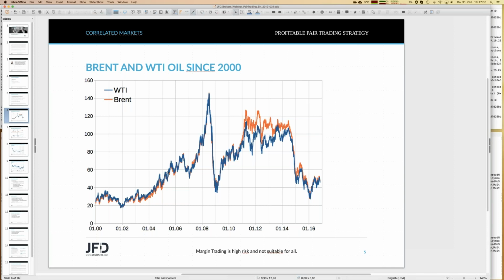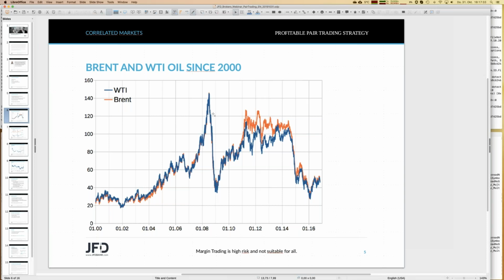Therefore it's never possible that only one gets more expensive long term and the other gets cheaper and cheaper long term. There have been special reasons for those 3 years here, but you see, in general, the two prices follow the same line. And now, let me rephrase what we had on the last slide.